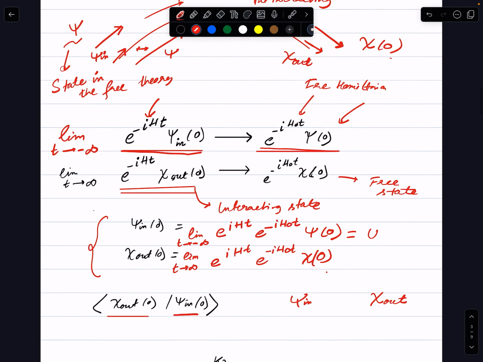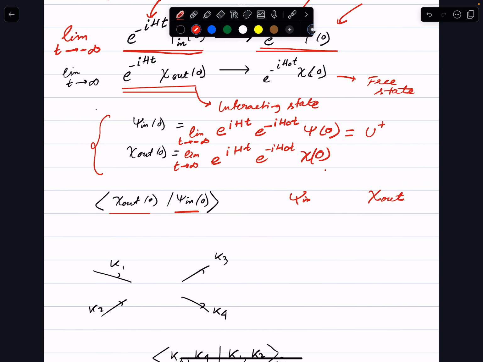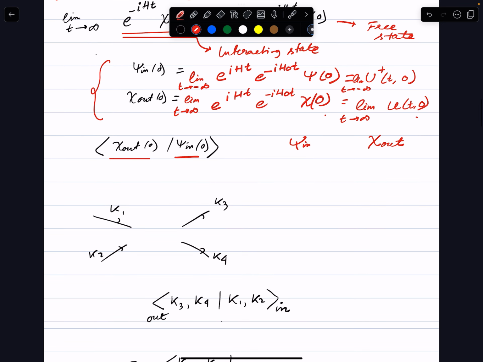So this is U dagger t of 0, and this is also U dagger in the limit t goes to minus infinity, and the other one is in the limit t goes to infinity, t is equal to 0.